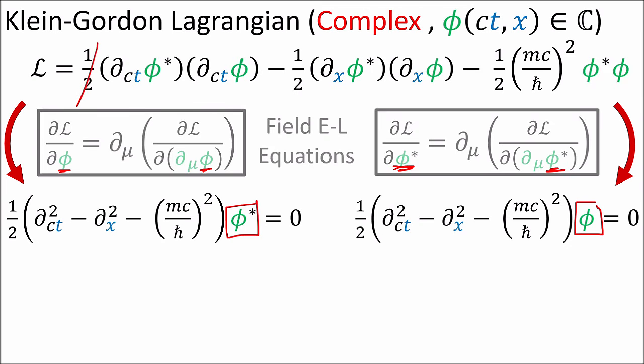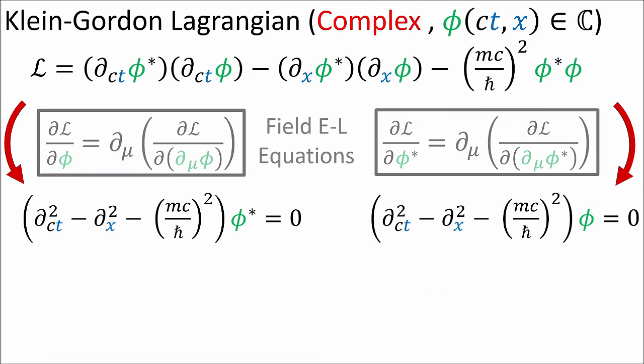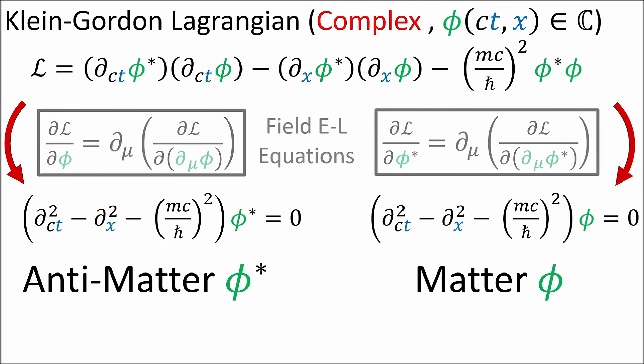Also, these overall factors of 1/2 don't impact the physics, so we typically remove them from the Lagrangian. So here, phi represents matter particles, and phi star represents the corresponding antimatter particles, with opposite charge.